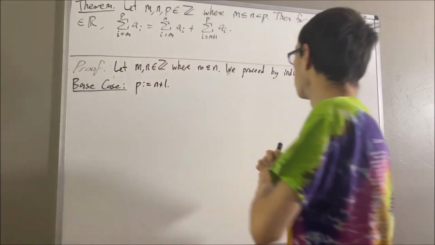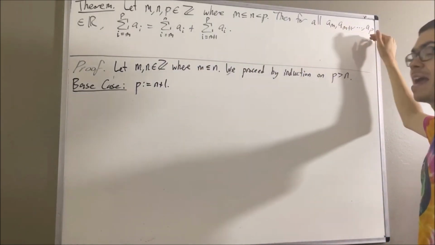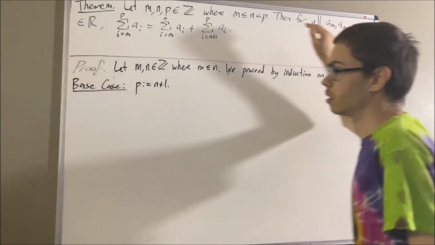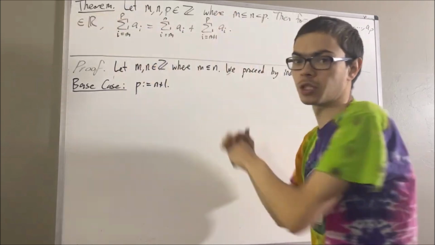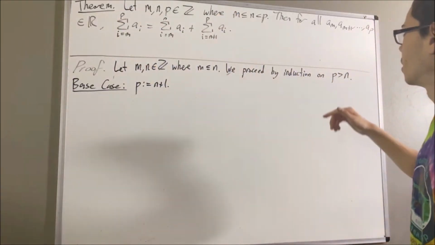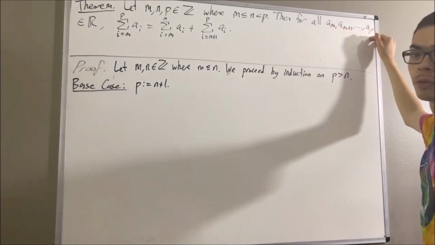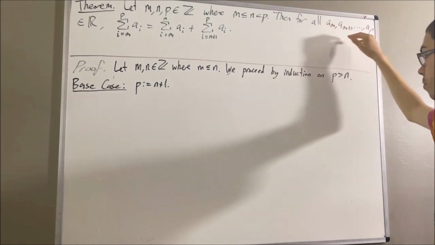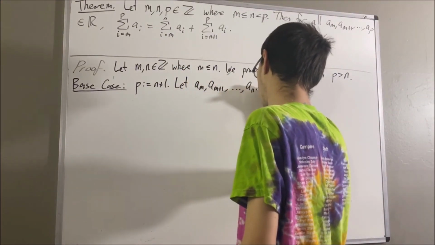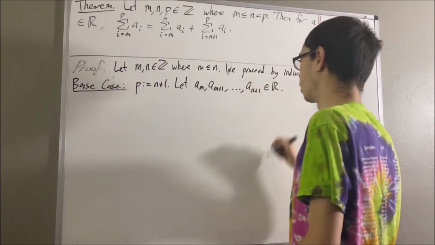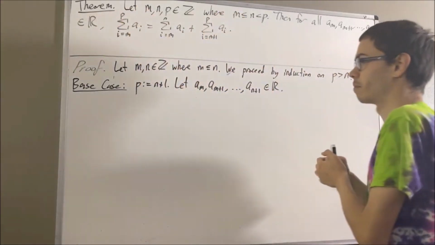So really, we're trying to prove that for all lists of real numbers, am through an plus 1, this is true in the case where p is equal to n plus 1. So give me an arbitrary list of real numbers from am to an plus 1. And our goal is to prove that this is true where p is equal to n plus 1.